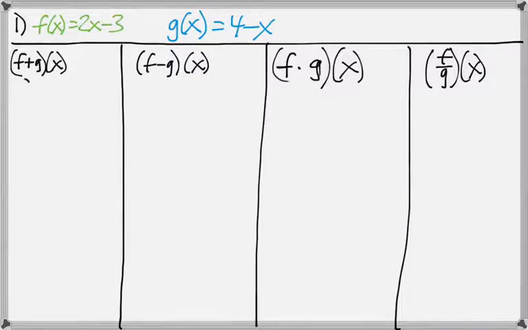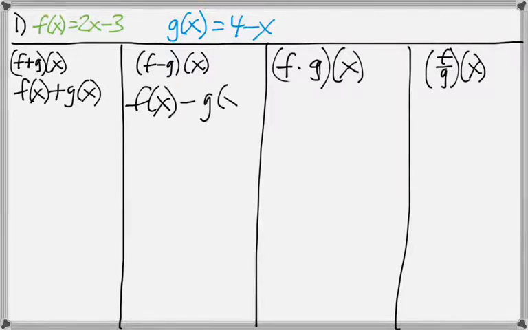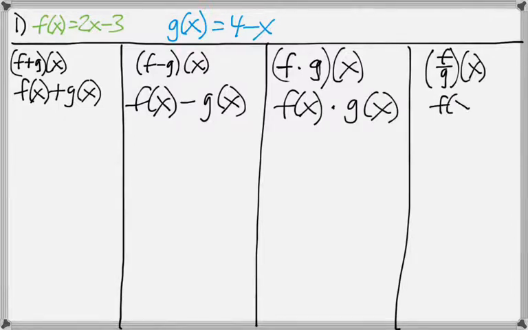Another way of writing these are f of x plus g of x, f of x minus g of x, f of x times g of x, and f of x divided by g of x.